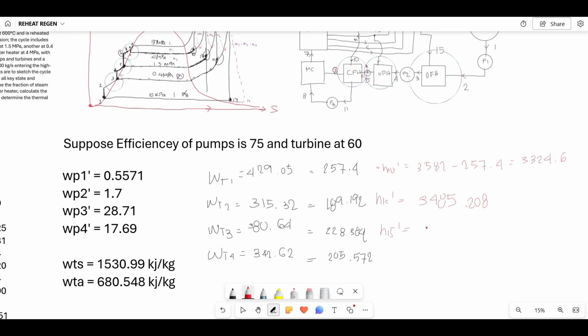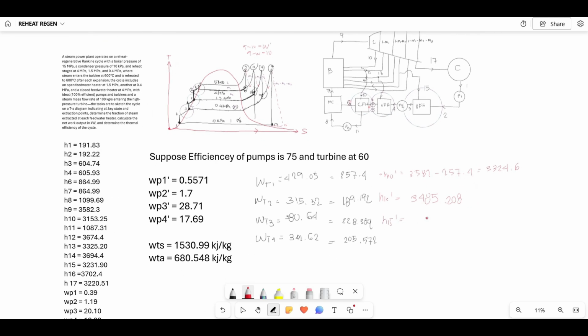So now the work at turbine 3 is at H15 prime. So H15 prime will yield from H14, which is 3694.4 minus 228.384. Now we got a lower number of 3466.016.